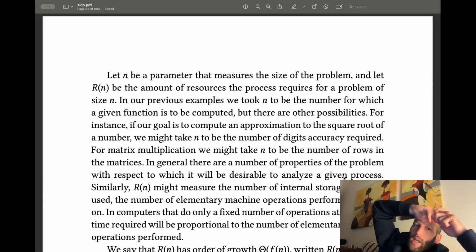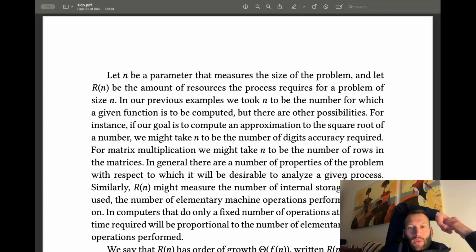Okay. In our previous examples, we took n to be the number for which a given function is to be computed. But there are other possibilities. For instance, if our goal is to compute an approximation to the square root of a number, we might take n to be the number of digits of accuracy required. For matrix multiplication, we might take n to be the number of rows in the matrices. In general, there are a number of properties of the problem with respect to which it will be desirable to analyze a given process.